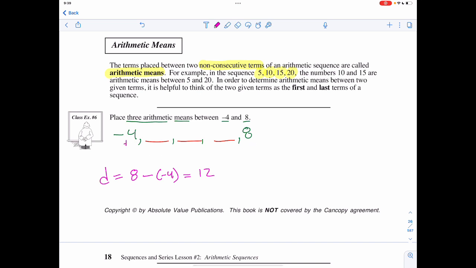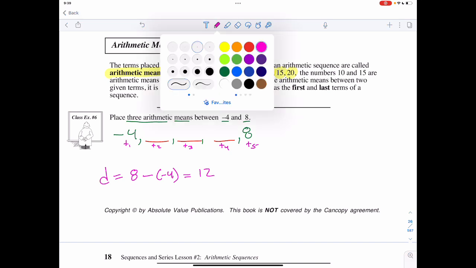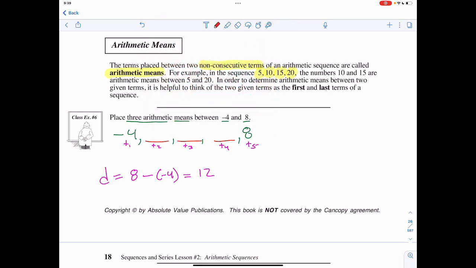To get from T1 all the way up to that 8, I went from T1 to T5. I went up 1, 2, 3, 4 times.